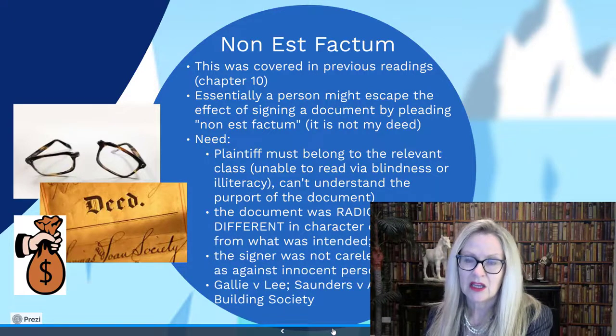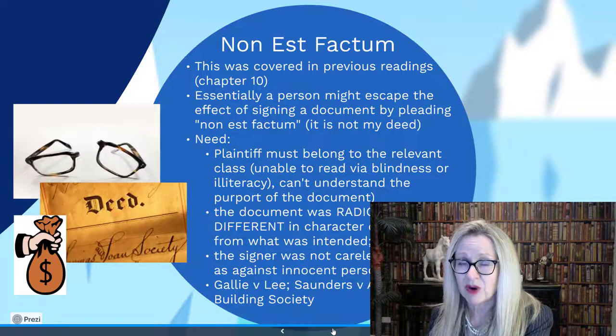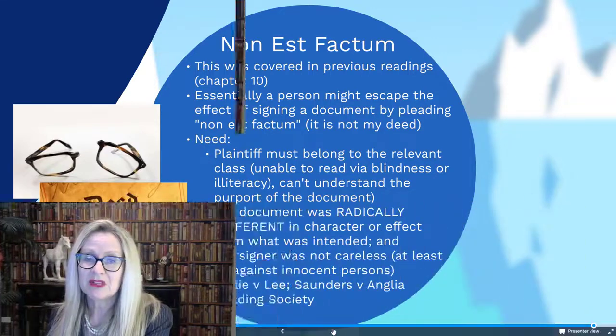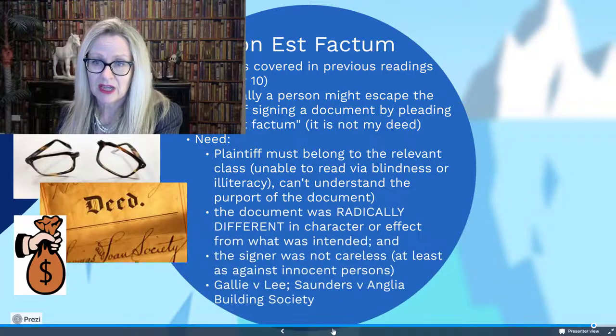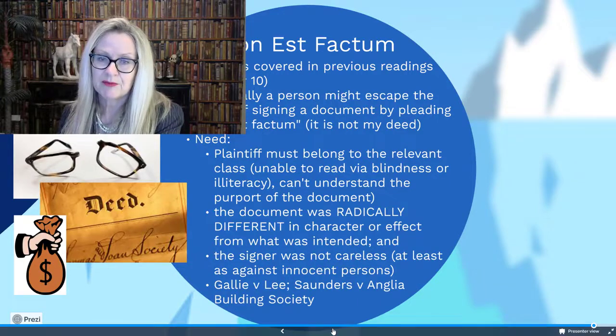Simply where the plaintiff belongs to a particular class of vulnerable people, for example, unable to read or illiteracy, and they can't understand the purport of the document. And the document is radically different in character or effect from what was intended. There was no carelessness, so none of that McRae kind of fault that could be pointed at the person that has signed in error.